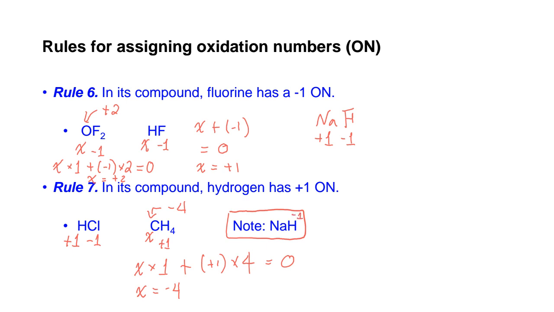Sodium hydride is an ionic compound, and sodium has a +1 charge, so you can expect the hydrogen has a -1 charge. Remember that when hydrogen is combined with a metallic element, the charge must be -1 instead of +1.